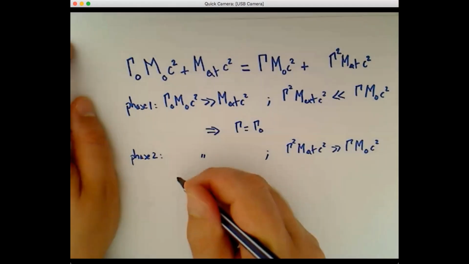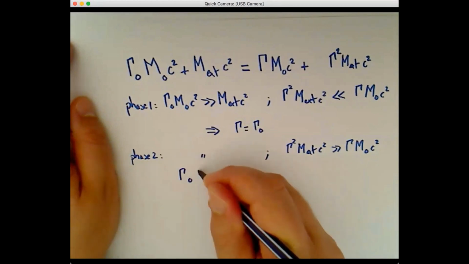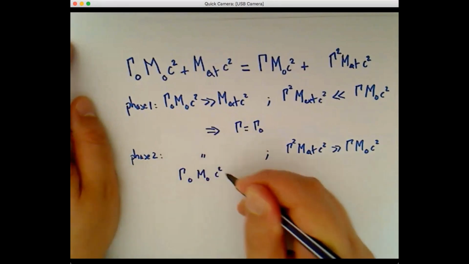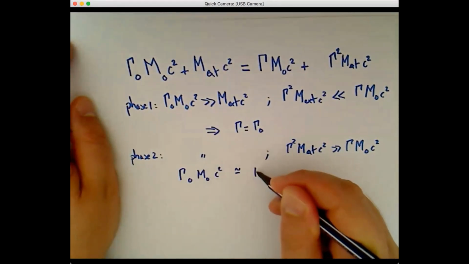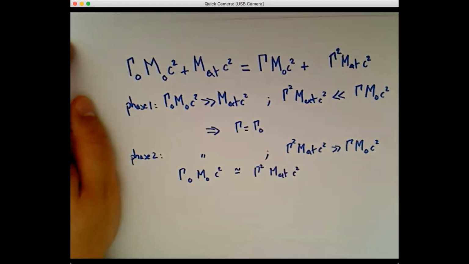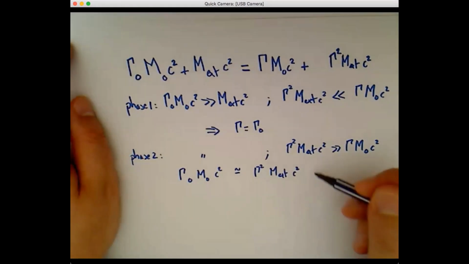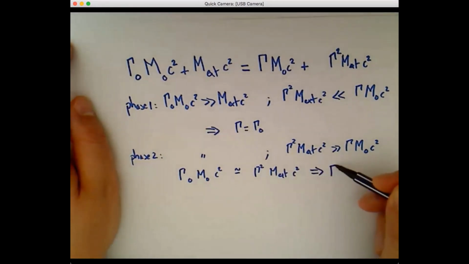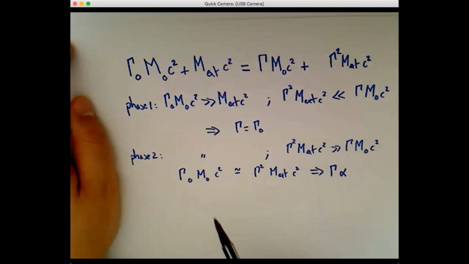So now my equations reduce to that. And you see that the consequence is a decreasing Lorentz factor. And as this is a constant, the Lorentz factor decreases like the swept up mass to the power minus 1/2.